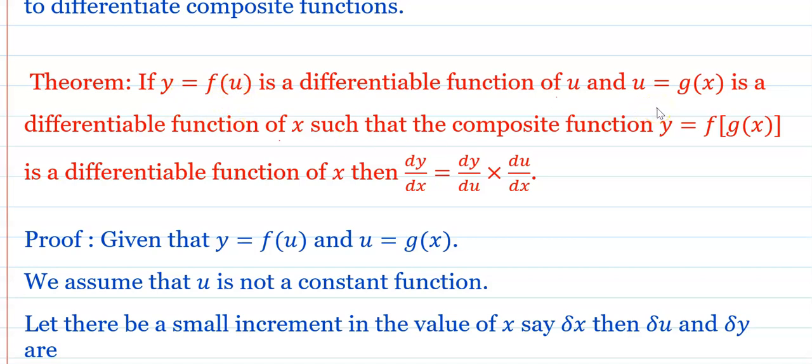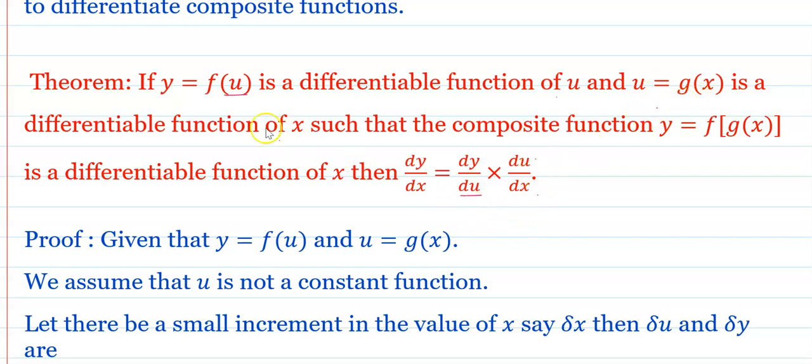In this way, we can write y is equal to f of g of x is a differentiable function of x, then dy by dx is equal to, first we differentiate y with respect to u, but in u there are the x variables, therefore it is du by dx.